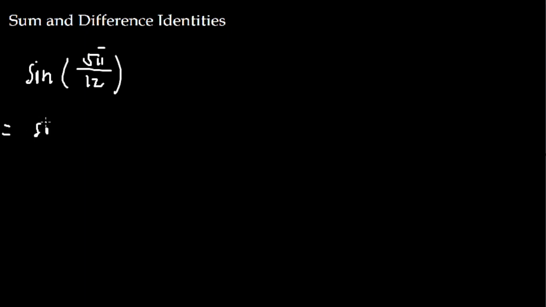Now, let us think of two angles that when added together, will equal 5 pi over 12. Now, it's a bit tricky kasi nga naka-radians tayo. But ang tip ko lang dito is for you to memorize the unit circle.